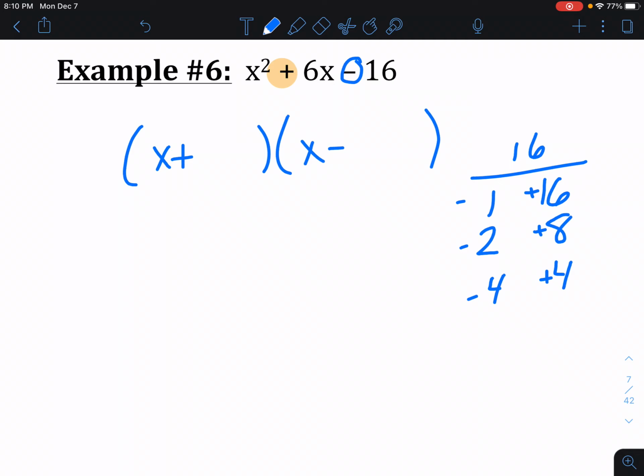Positive 6. That would be this pair here. So we got a -2 and a +8. Again, look at your answers if you ever want to check. 8 times -2 is -16, and 8 minus 2 is 6.